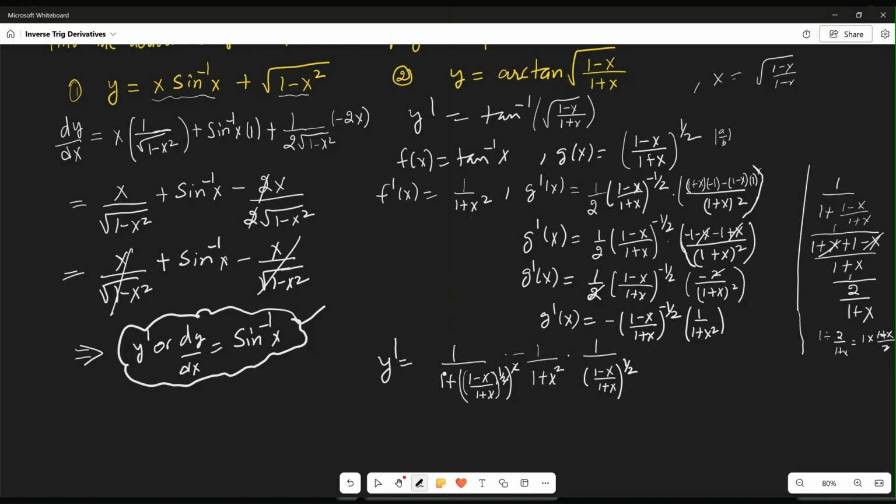For this one, 1 plus x over 2, and we have the negative going on here.